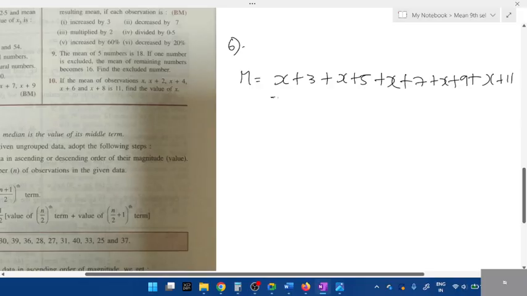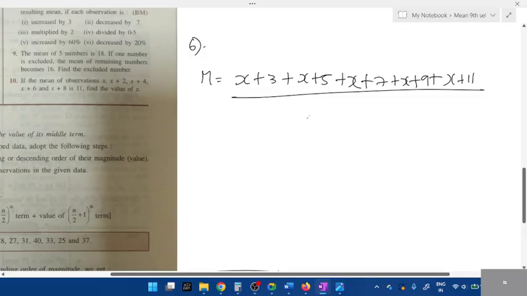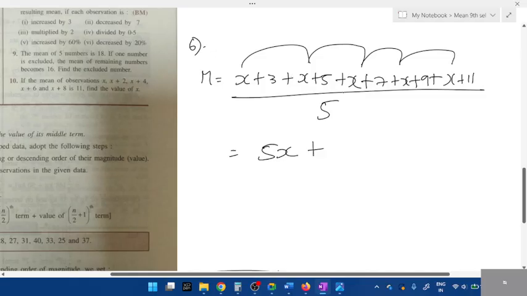So if they tell you observation, students, observation meaning this, can you see before comma, this entire thing is one observation. This entire thing is second, third, fourth, fifth. Total how many observations are there? Total 5. Now how do you solve this question? How many x's are there? 5x plus, add all the numbers.